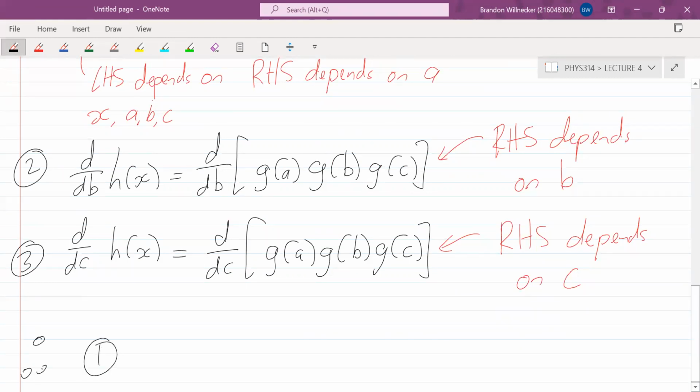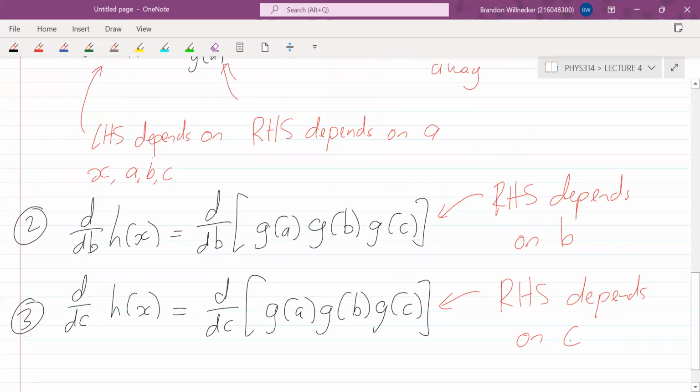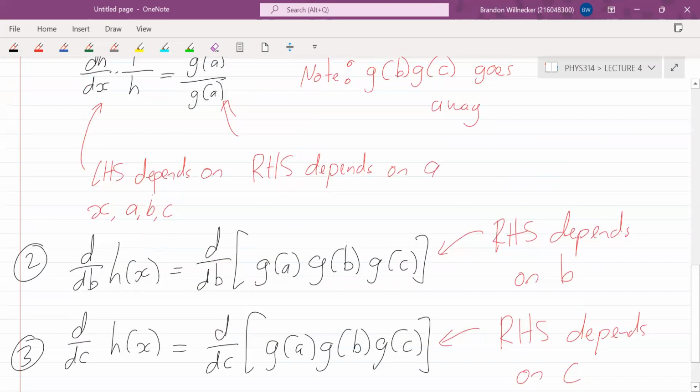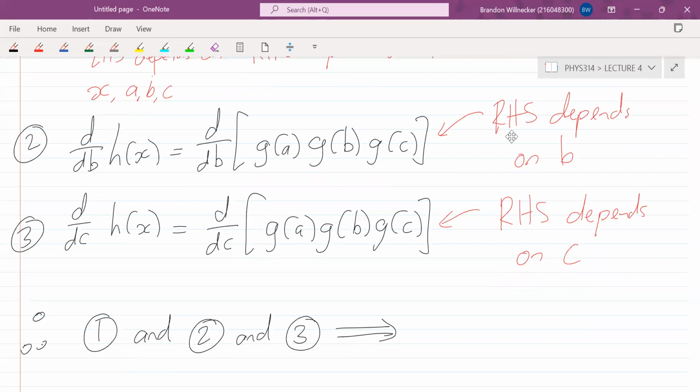Therefore, equation 1 and equation 2 and equation 3 imply that this left-hand side must in fact be a constant, because that's the only way that these three equations are satisfied.